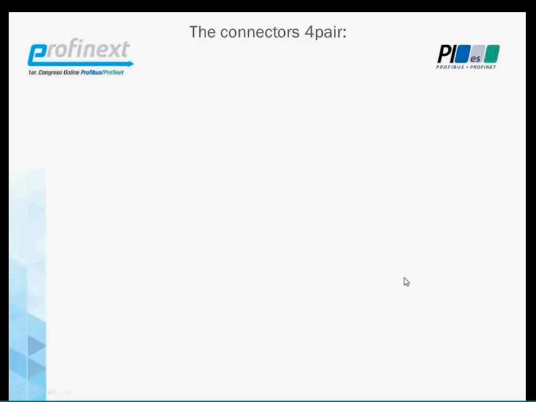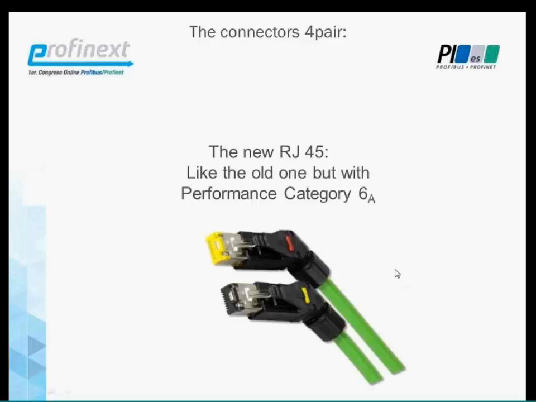Then the connectors for 4 pair. The new RJ45 is the old RJ45, because in the past the RJ45 could be used for 4 pairs, so in the future you can use the same RJ45, of course, even if they are not category 6A; this is not very important.